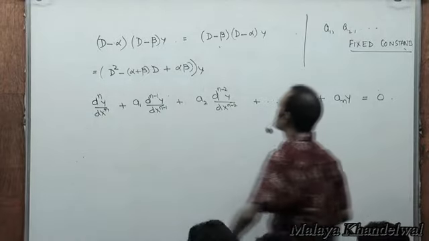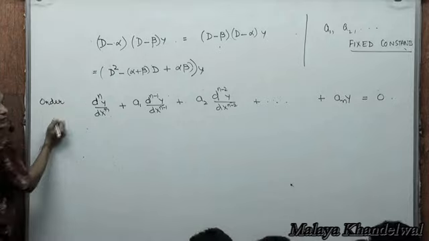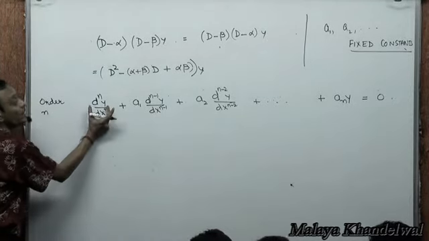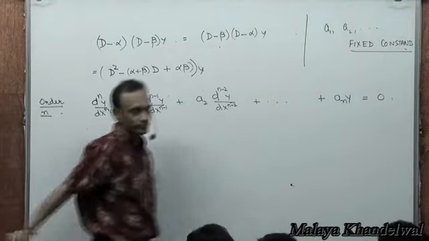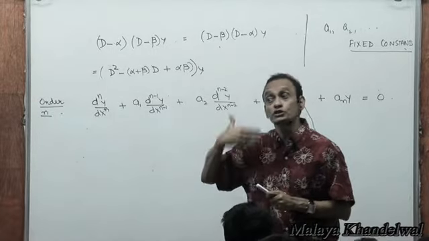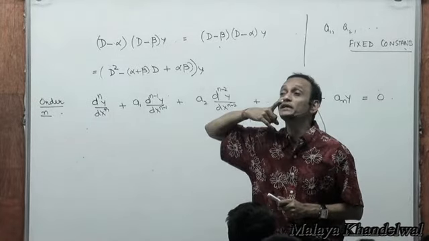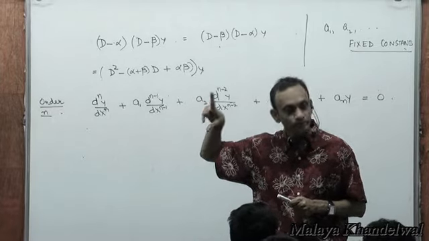What's the order of this differential equation? N. Highest order derivative is n, so the order of this differential equation is n. So if you have a differential equation of order n, in its general solution, how many arbitrary constants will feature? N arbitrary constants will feature, right?